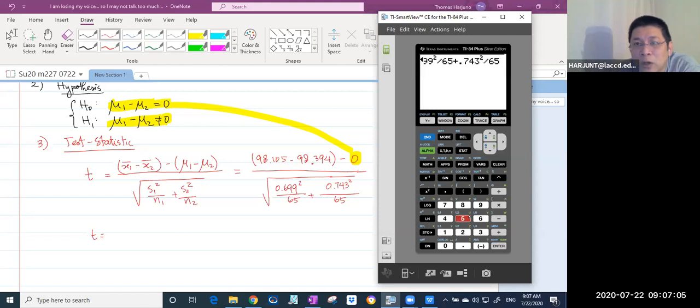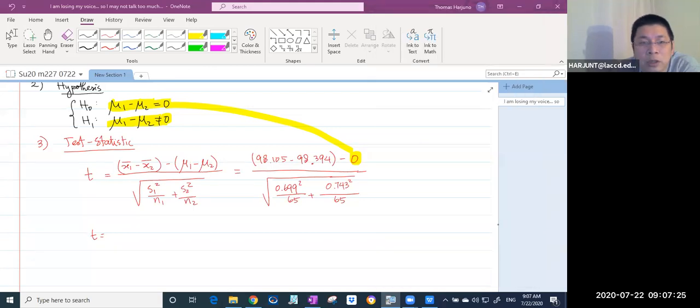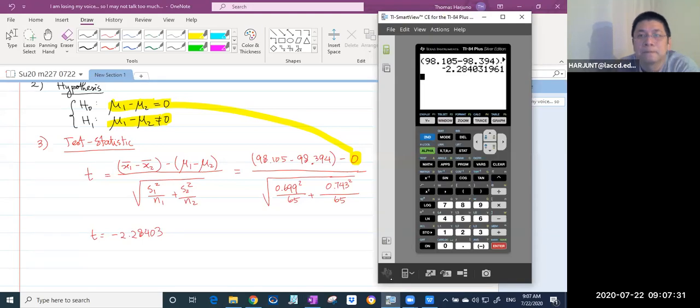Now, actually, I wonder if you can see, this is still under the square root. You see that line here? The line stops here. Do you see that? The line on the top, the roof. Okay? Then when I press enter, this will give me negative 2.28403. That's the test statistic.